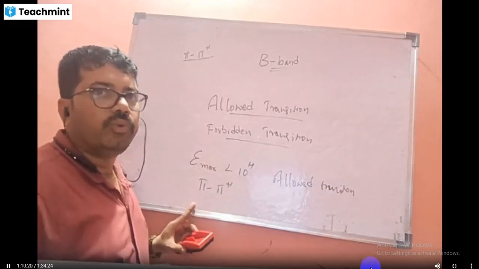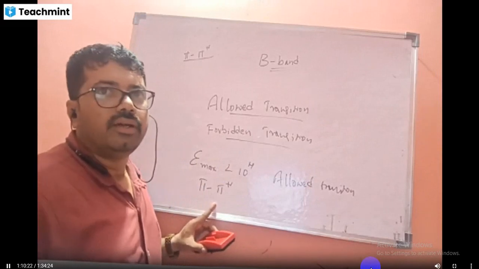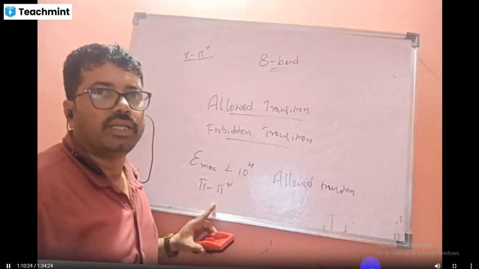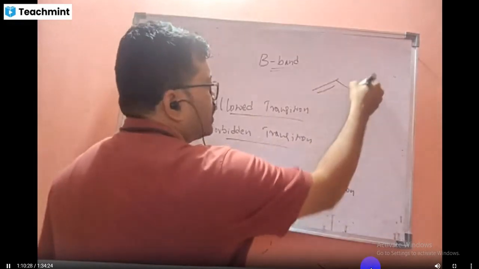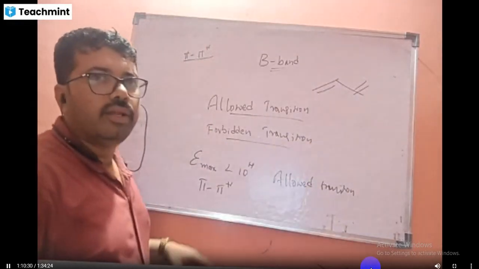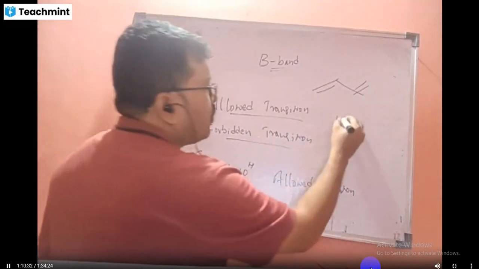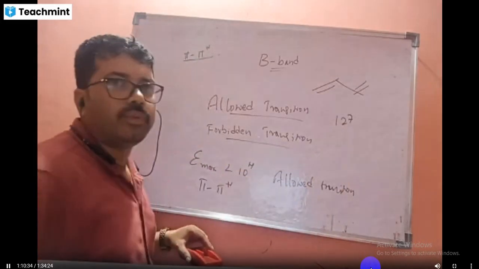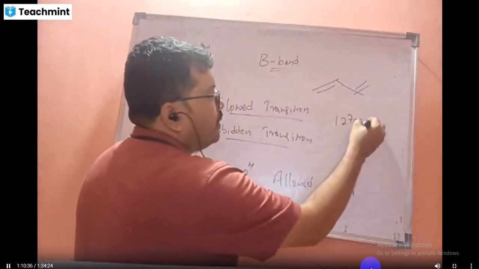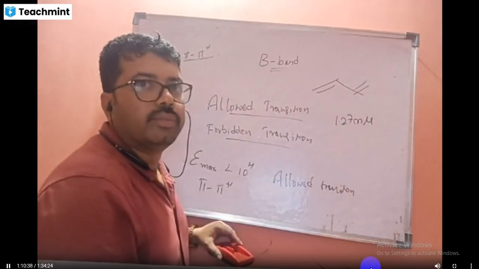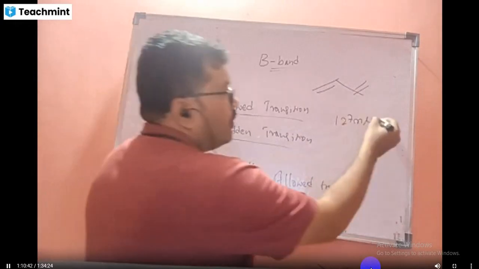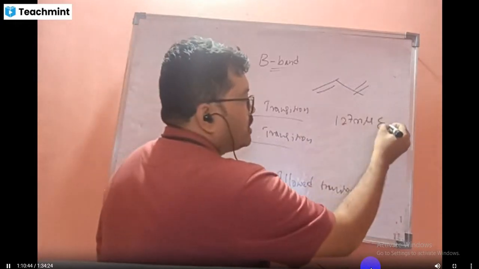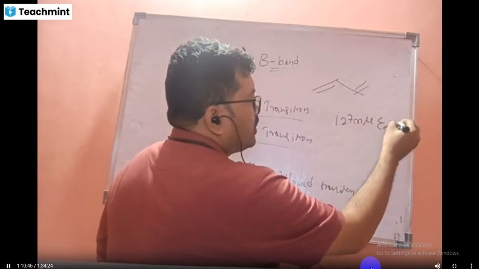For example, in 1,3-butadiene, which is an example of allowed transition, absorption is at 217 millimicron, and the absorptive maximum is 12,000.